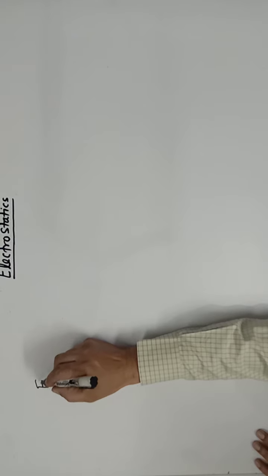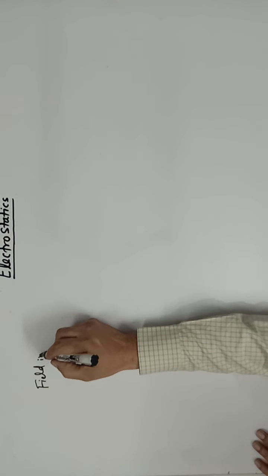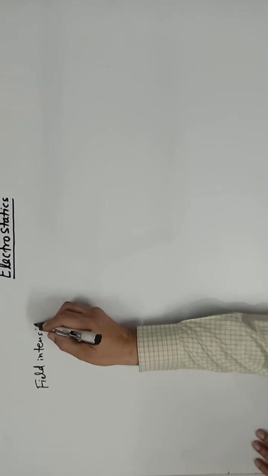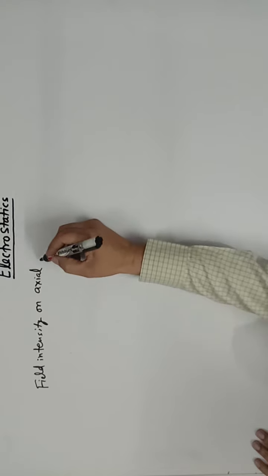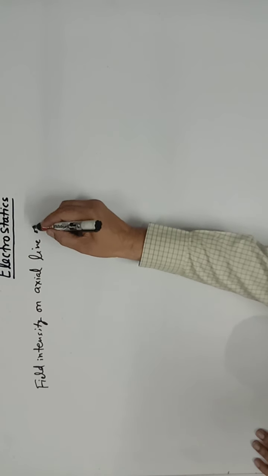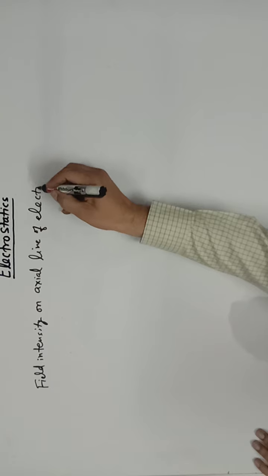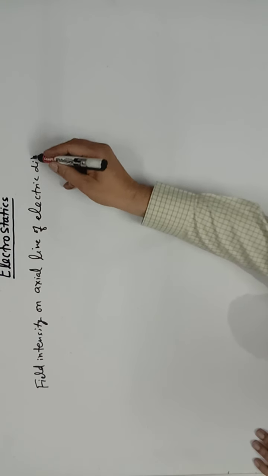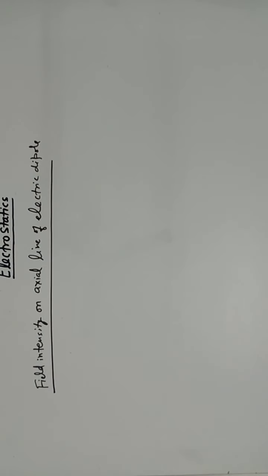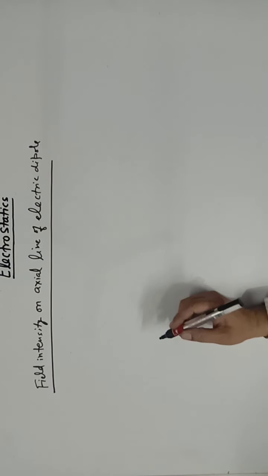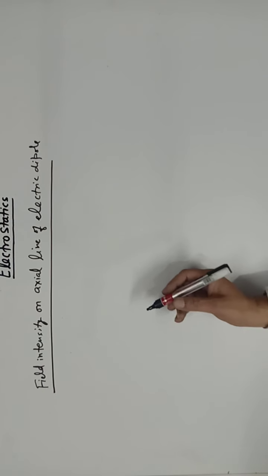Now, the next topic is field intensity on the axial line of an electric dipole. Consider an electric dipole consisting of two point charges minus q and plus q separated by a small distance 2a.